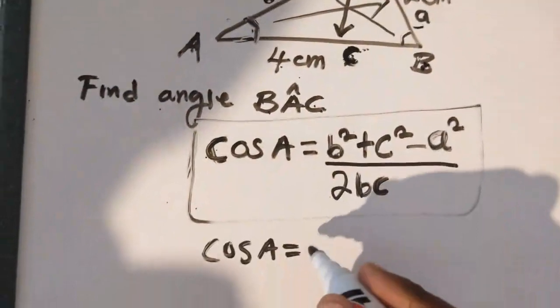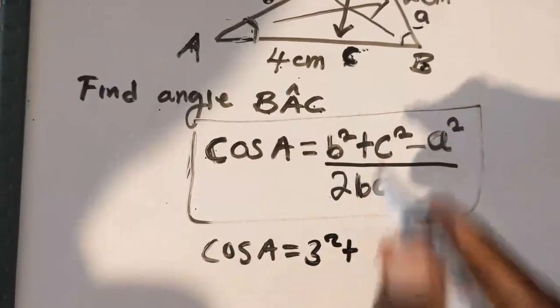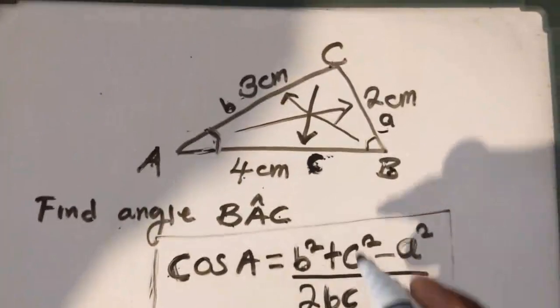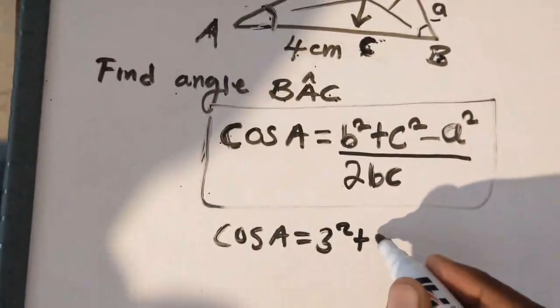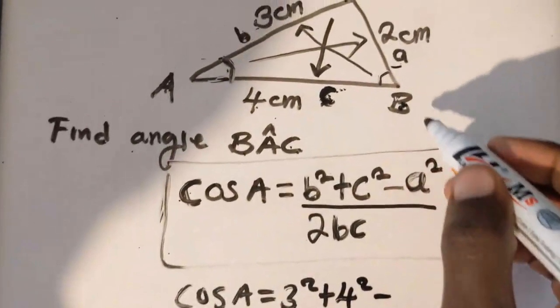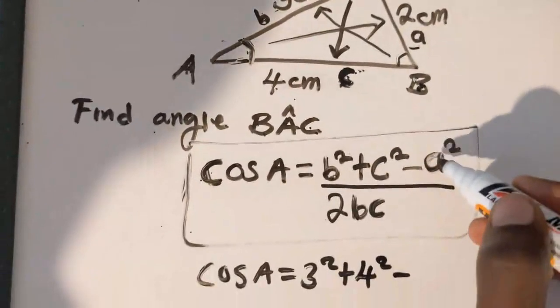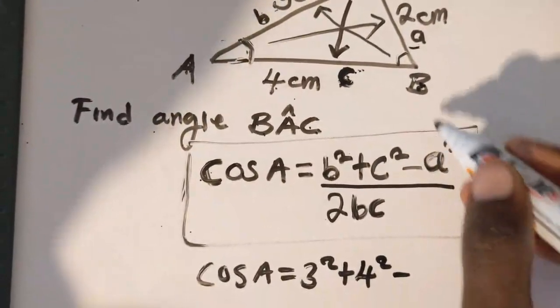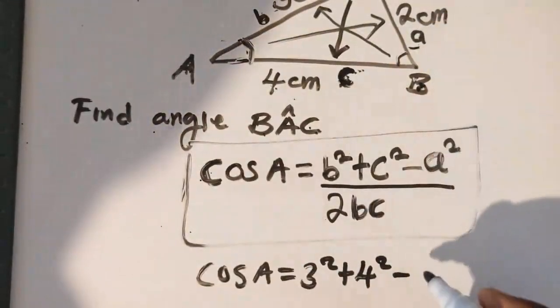So we're going to say 3 squared plus, what is our C? Small letter c, it is 4. So we're going to put 4 squared minus, this is A, small letter A, which is 2 squared.